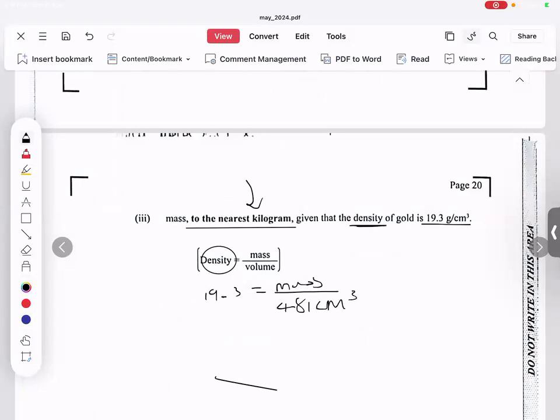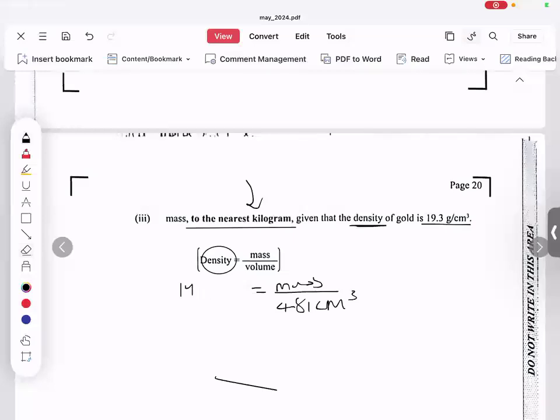And what was this one here? This one right here was 19.3 gram per cm cube. Write it properly, guys.